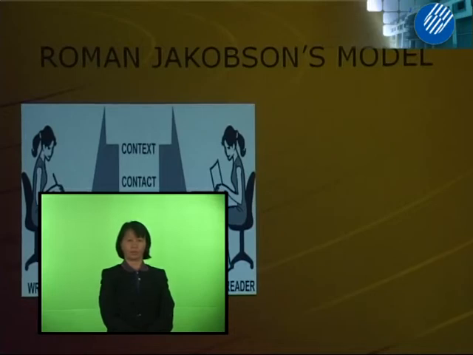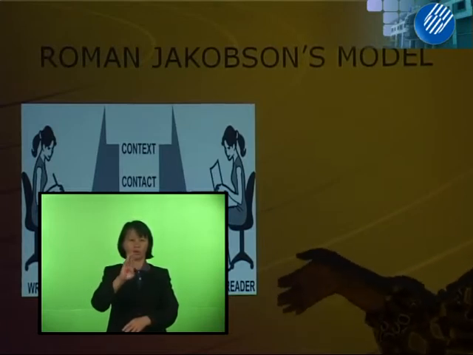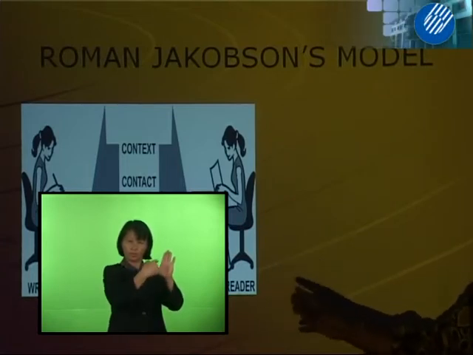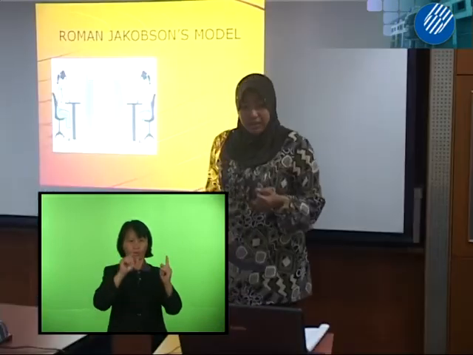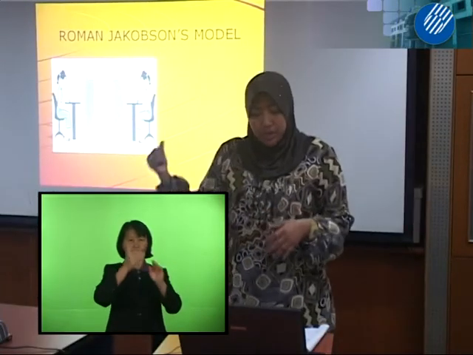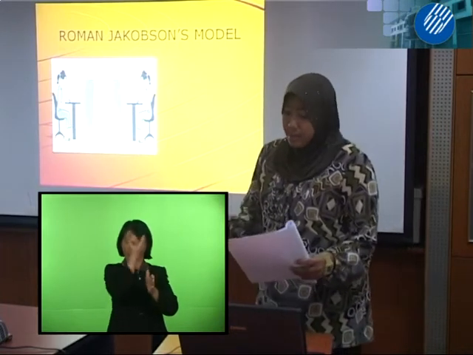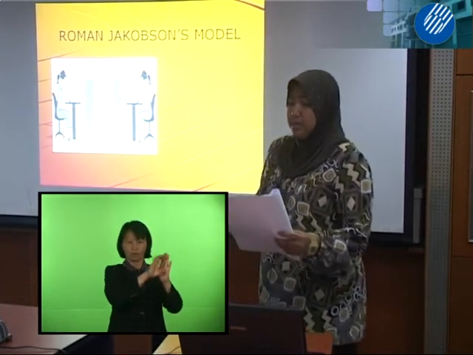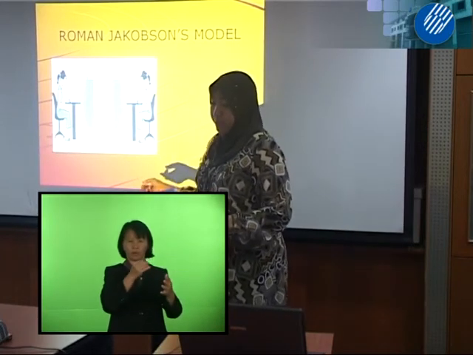The next model is called Roman Jacobson's model. As you can see, this diagram shows the writer, the reader, and a few elements here: context, contact, code, and message. Now, students, this model represents spoken rather than written communication, but it is often applied to writing as well.